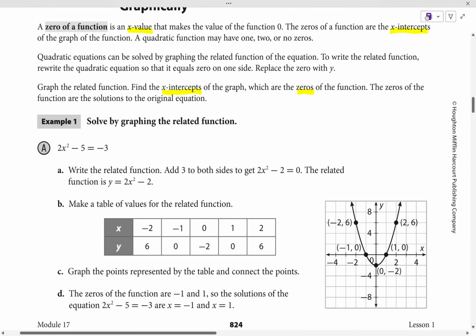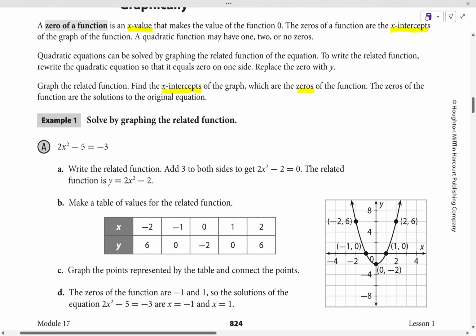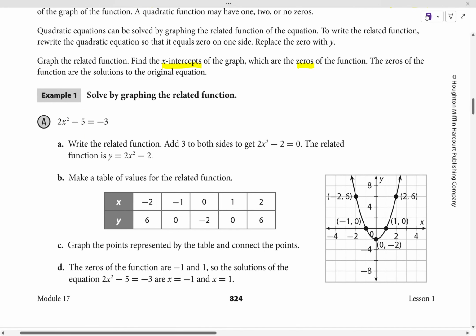Example 1, we want to solve by graphing this related function. So if I have an equation like this, I can solve for x. The way we can do that is we're first going to start by having this equal 0 on this side. So I want to get rid of this minus 3. I'm going to add 3 to both sides.